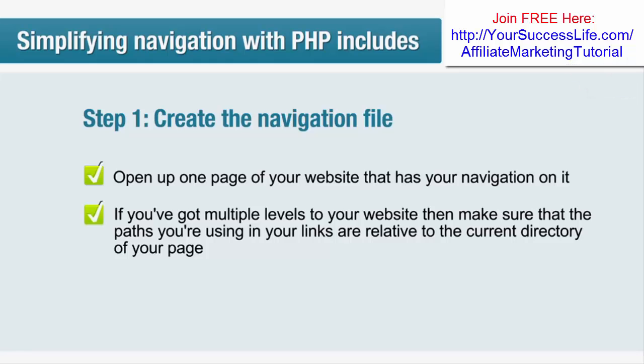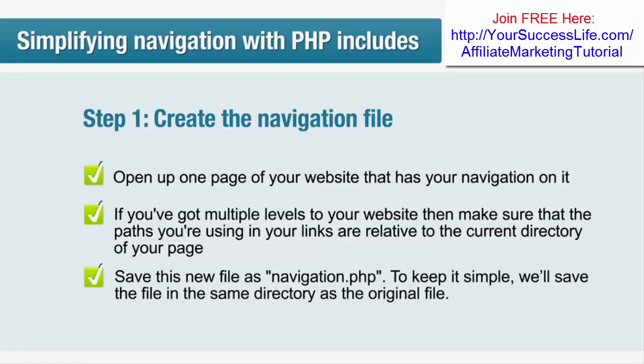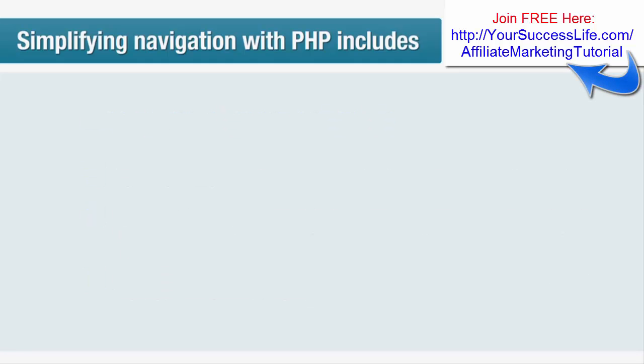In this case, your link would look like this. We have to do this because you're including the same file in a bunch of pages that are at different levels of your website. Now, save this new file as navigation.php. To keep it simple, we'll save the file in the same directory as the original file.